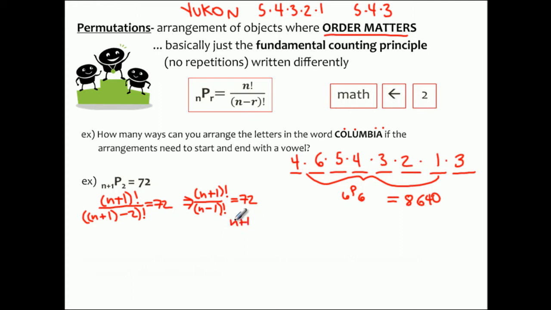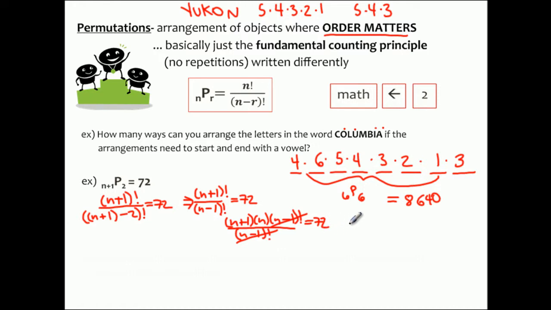So we keep expanding the bigger term, n plus 1 and n, until we see a cancellation. We can stop at n minus 1 because there is an n minus 1 in the bottom that we can cancel out with. So n minus 1 factorial divided by itself is just 1. This is equal to 72.